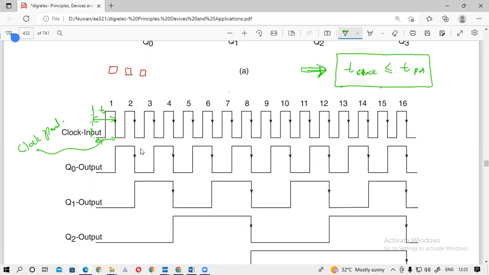Is someone giving feedback? Take some time and think and give me feedback. Any concern?